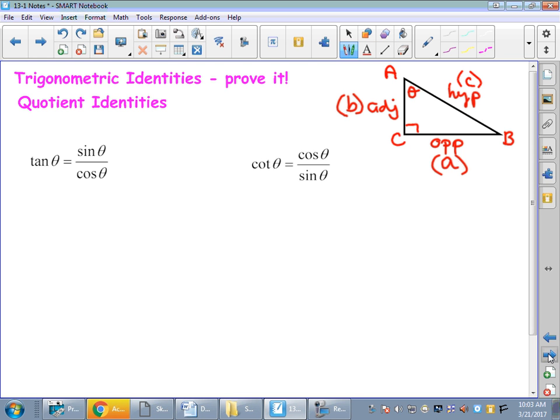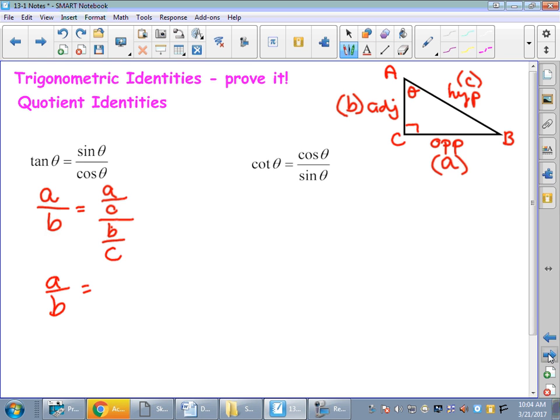So when I want to write the tangent of theta, that would be opposite over adjacent, side little a over side little b. And what they're saying is this should be equivalent to sine over cosine. The sine value of theta would be little a over c, opposite over hypotenuse. And my cosine would be little b over c. So I need to make those two sides equivalent. The one side is pretty easy, a over b.